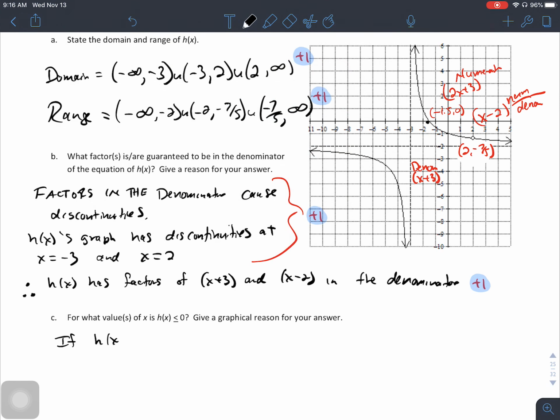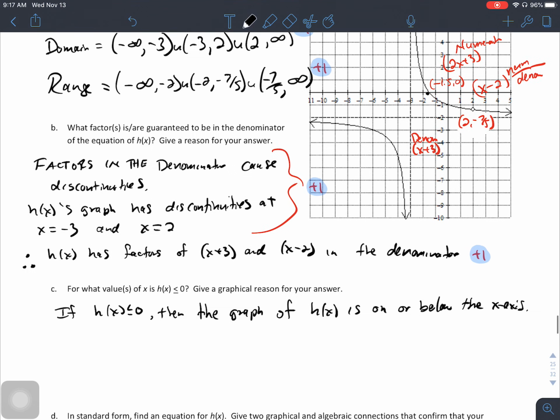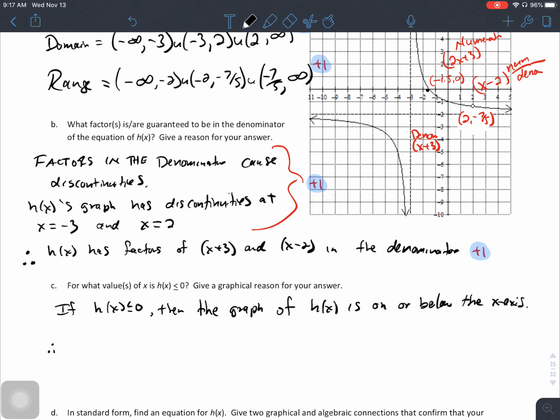If h of x is less than or equal to 0, then the graph of h of x is on or below the x-axis. Therefore, h of x is less than or equal to 0 on the interval.